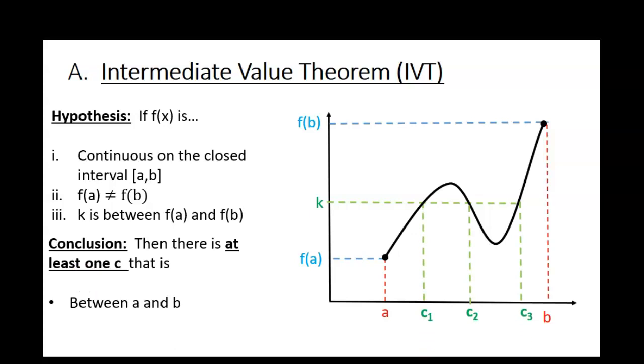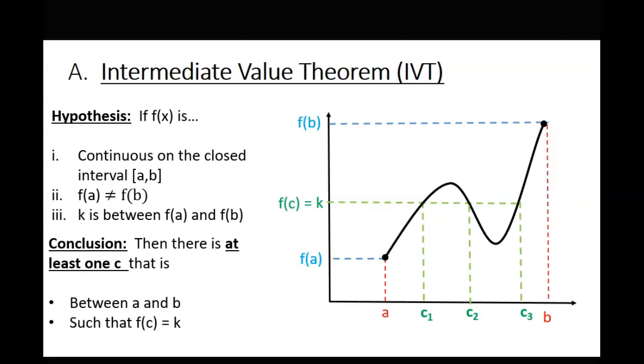And I've got 3 there that I've listed. There's got to be at least one value of x where, when you plug it in, you get that y value. So don't you guys agree that for this value of c, it's k? And this one too? And this one.